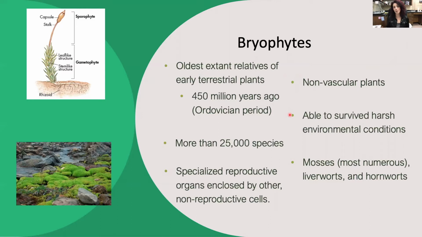Interestingly, our bryophytes are able to survive harsh environmental conditions, whether that be tundra environments or desert environments. They have these key adaptations that allow them to survive in those places. And again, these bryophytes are represented by mosses, liverworts, and hornworts, with the mosses being the most numerous.